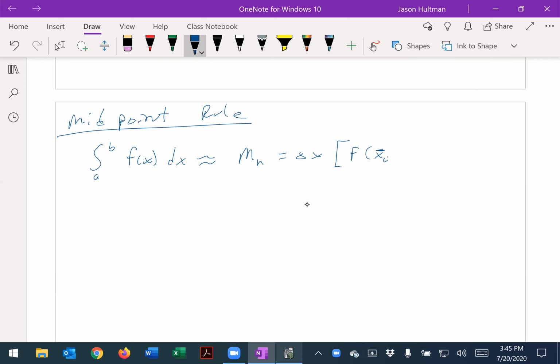I could write this as a sum if I really wanted to, so let's write this as a sum.